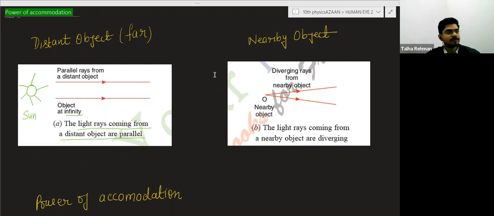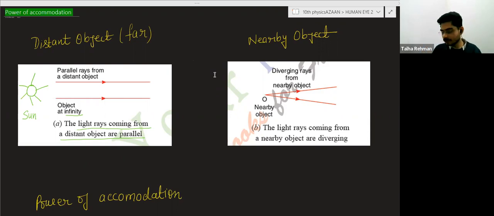When someone is watching a distant object, suppose a star or the sun, you are getting parallel rays, and those parallel rays go into your eye, pass through the cornea, and then pass through the eye lens. In that case, the eye lens becomes thick and the power of the lens is reduced, and due to that we are able to focus.